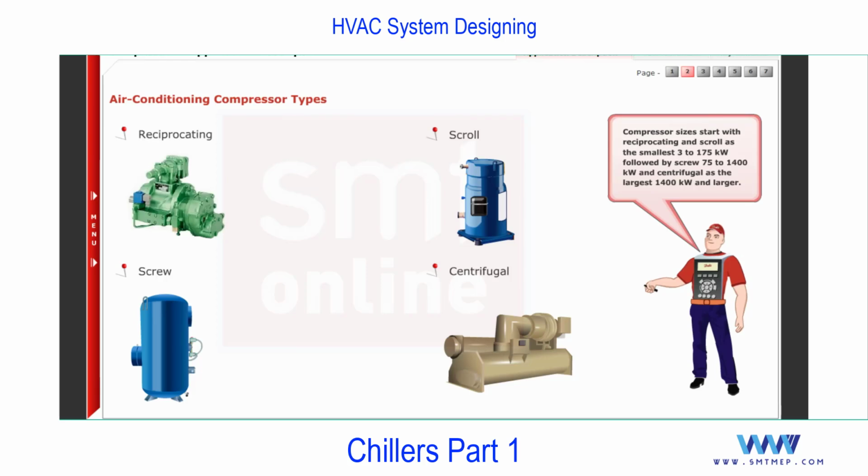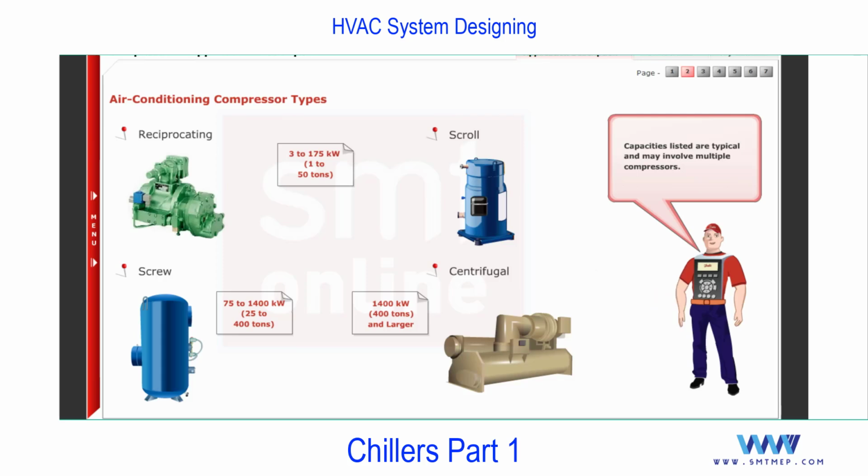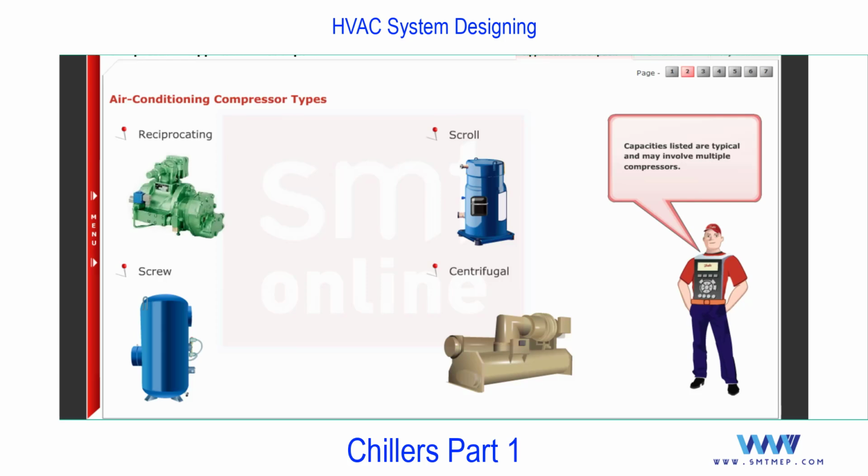Compressor sizes start with reciprocating and scroll, the smallest, 3 to 175 kilowatts, followed by screw, 75 to 1,400 kilowatts, and centrifugal, the largest, 1,400 kilowatts and larger. Capacities listed are typical and may involve multiple compressors.